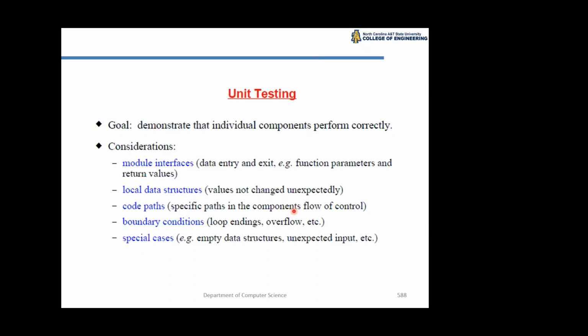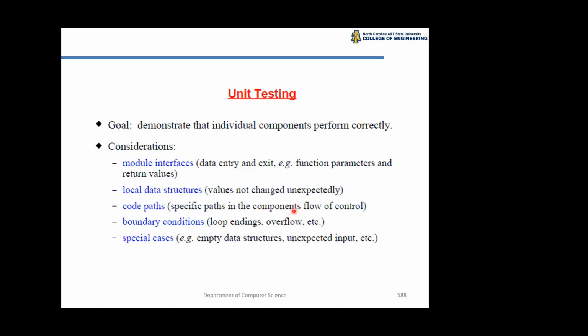For the local data structures, try to see whether values change unexpectedly. For the code paths, see whether there is any issue in your if-then statement, switch statement, or loop, or the flow control in general.